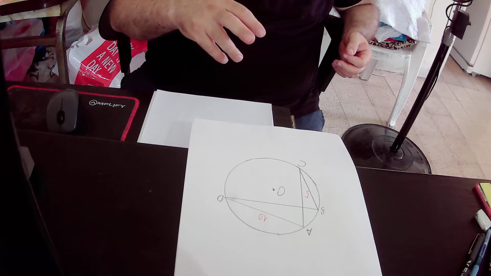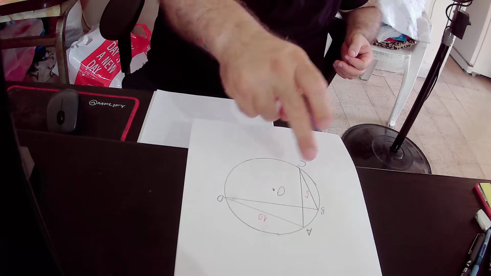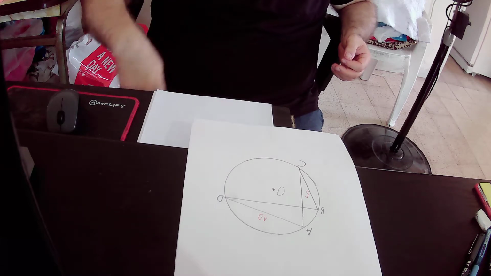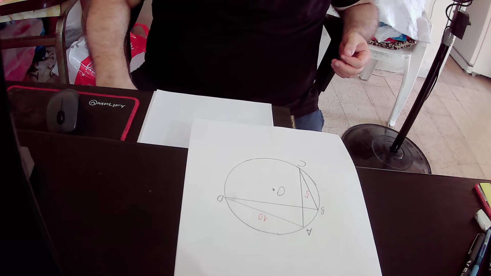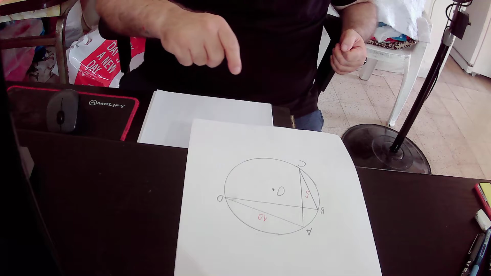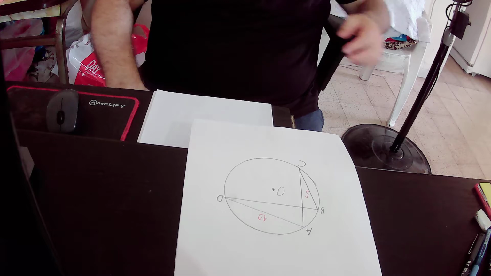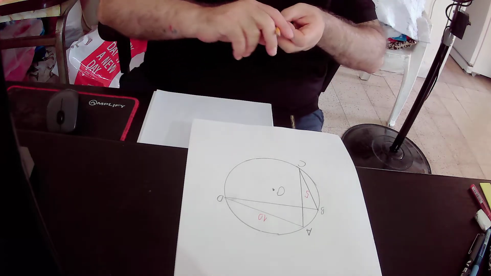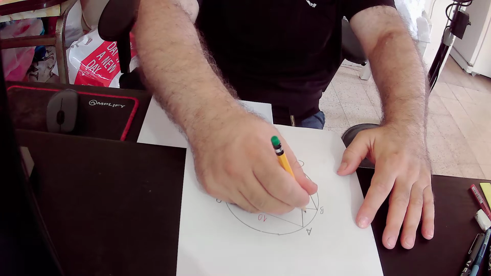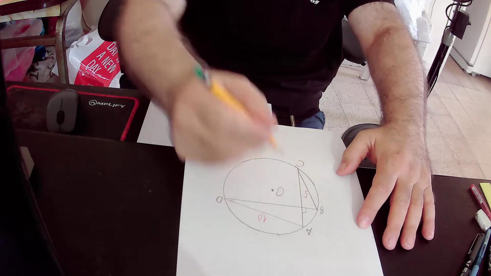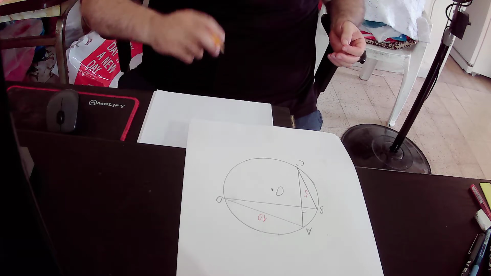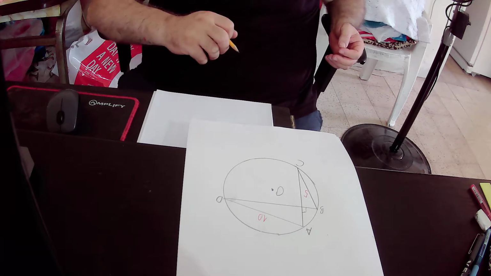Inside the circle we have chord AD that equals 10 units, and chord BC in the circle equals 5 units, and the center of this circle is at point O, and we also know that this angle equals 90 degrees, and we want to find out the radius of this circle.